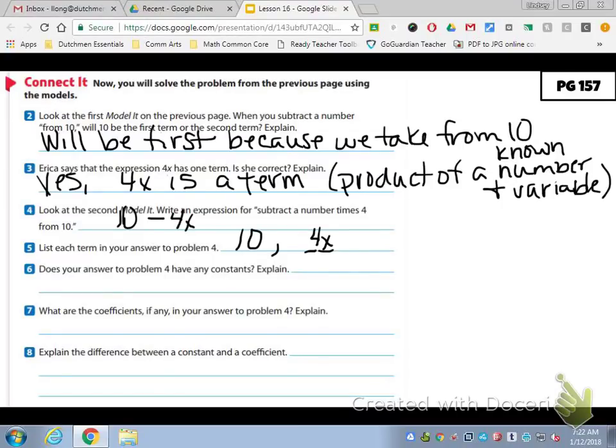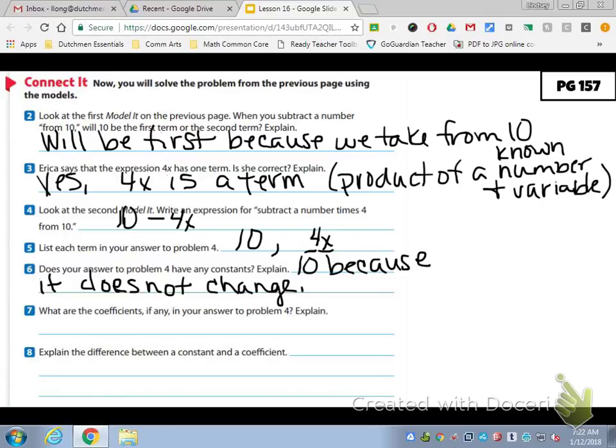Number 6 says, does your answer to problem 4 have any constants? Do we have any terms in here that are a number that will not change? Yes, we do. It is 10 because it does not change. Ten will always be 10. Number 7, what are the coefficients, if any, in your answer to problem 4?